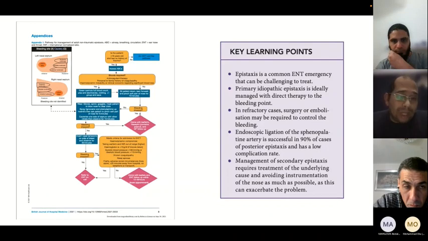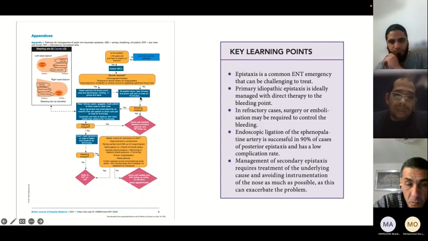If he is hemodynamically stable, the patient should sit down and lean forward, pinch the nose for 10 minutes, and after that, either the bleeding stopped or you can do direct therapy by suctioning the blood clots, putting some nasal decongestants, and doing the direct therapy.